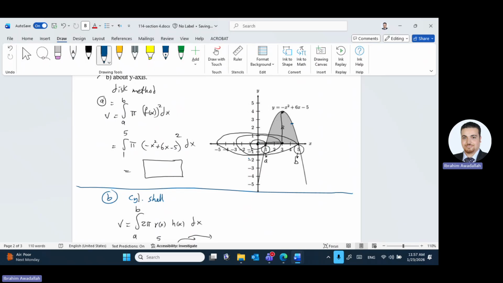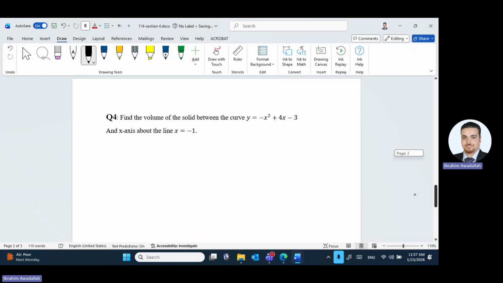As you see, the distance from here to here is 2. From here to here is 3. So the x will be x, not x plus 1, not x plus minus 1. And clearly the highest will be, this is the highest at this point, this is the highest, this is the highest. It's minus x squared plus 3x minus 5. This is the answer with cylindrical shell.